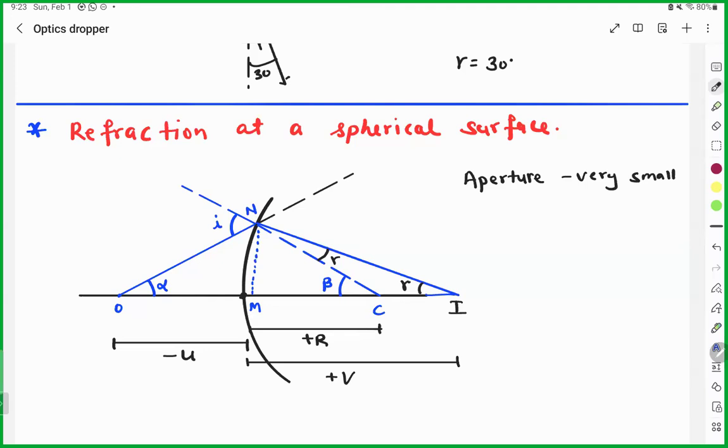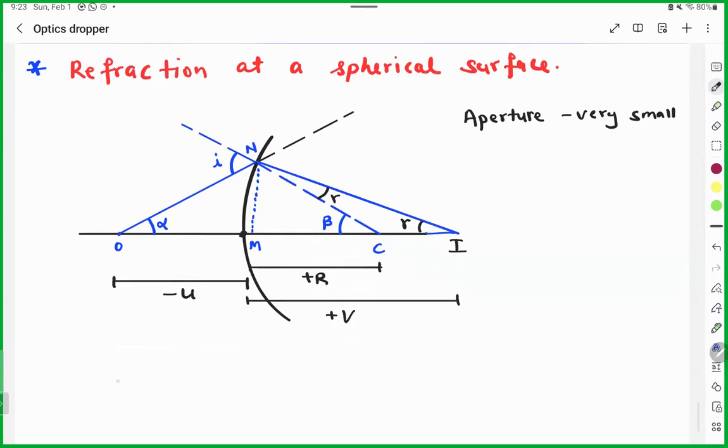If you assume this and calculate using Snell's law, you will get the value I will write below: nu2 by v minus nu1 by u equals nu2 minus nu1 by R.